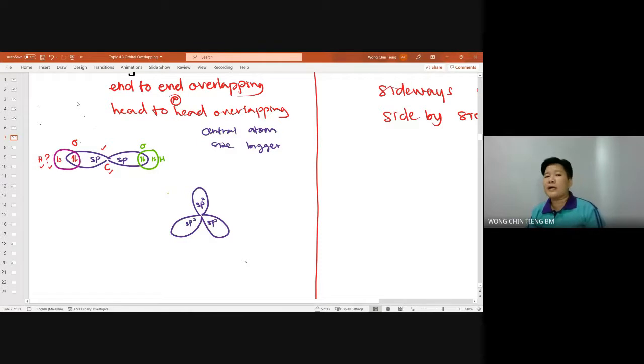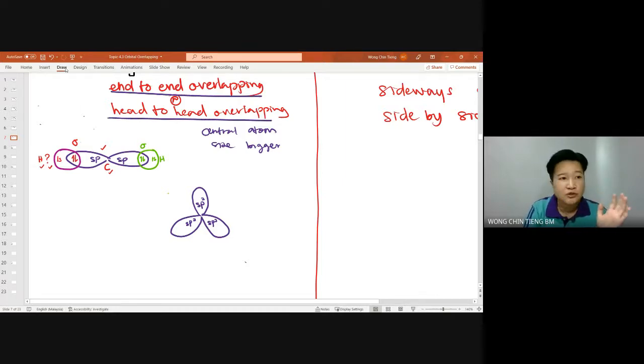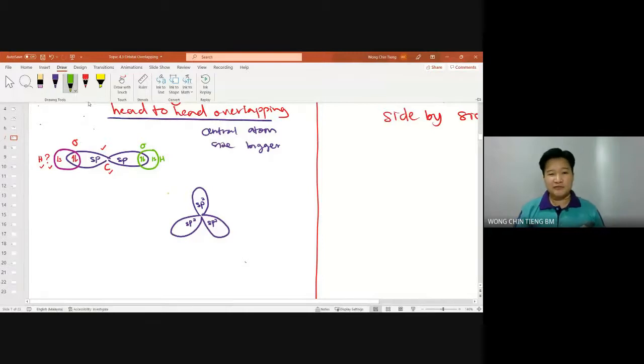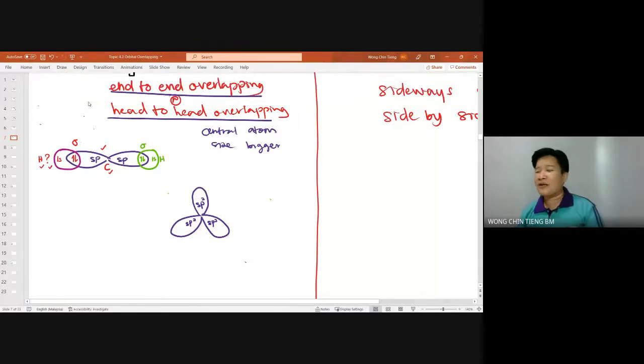And right now when I say I overlap with a P orbital, is it end to end or head to head overlapping? What does it mean? I'm actually a bit tired. Very tired. Okay, where we are. Head to head overlapping and end to end overlapping over here. How to detect it. Again, the way I teach is the way I will use to mark your work.